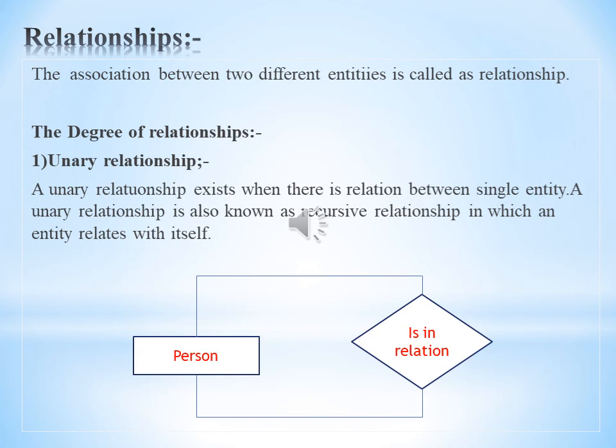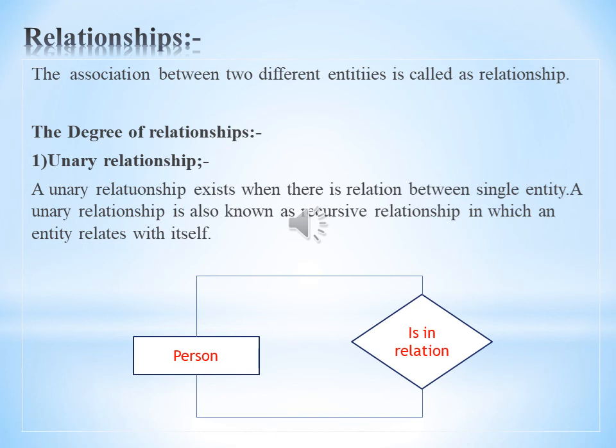The first is the unary relationship. A unary relationship exists when there is a relation within a single entity. A unary relationship is also known as a recursive relationship, in which an entity relates with itself.